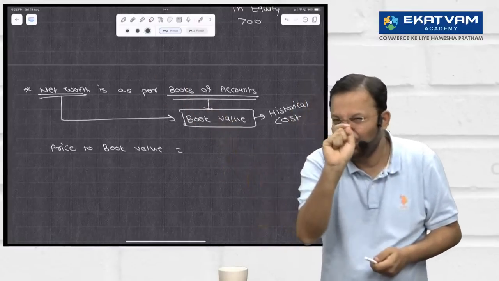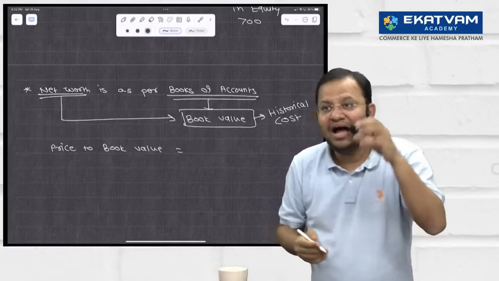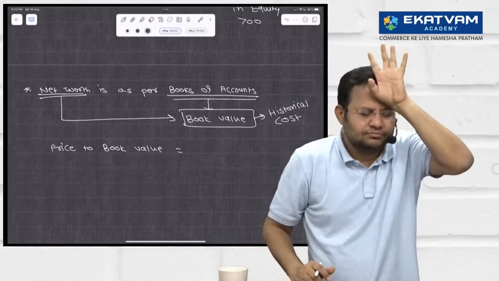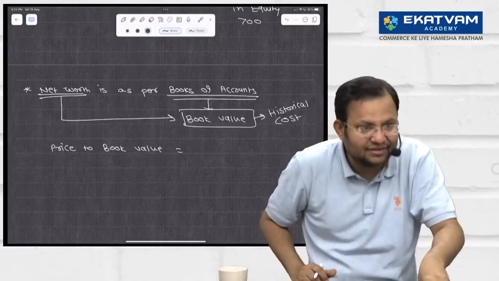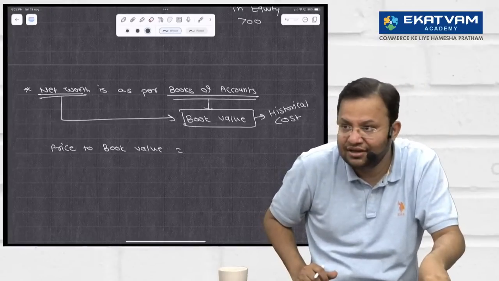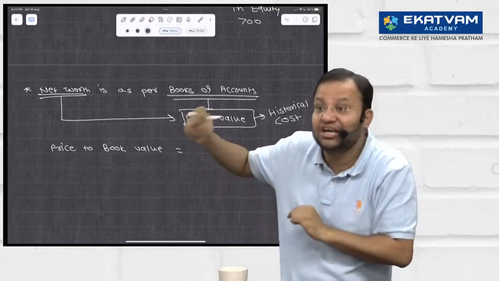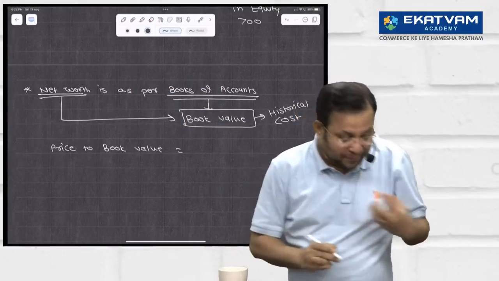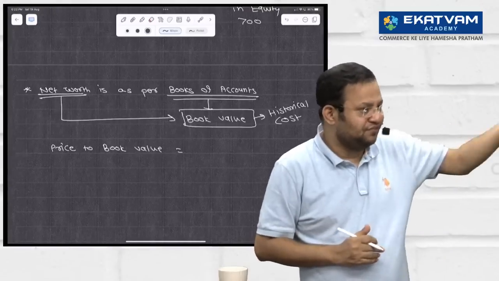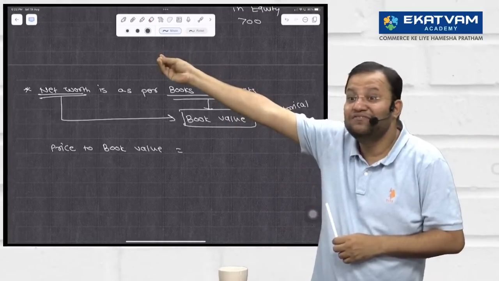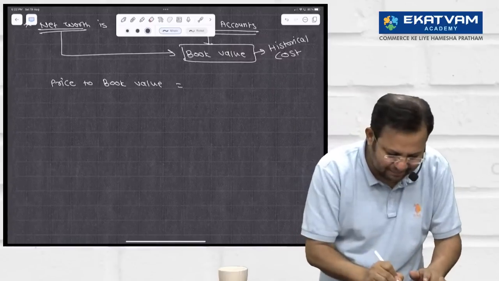So when I told you one line yesterday: when you buy shares, remember, you don't buy assets, you buy future profits. So price is for future profits, but obviously the profits will be received by you in the future. Keep that pending for 2 minutes.